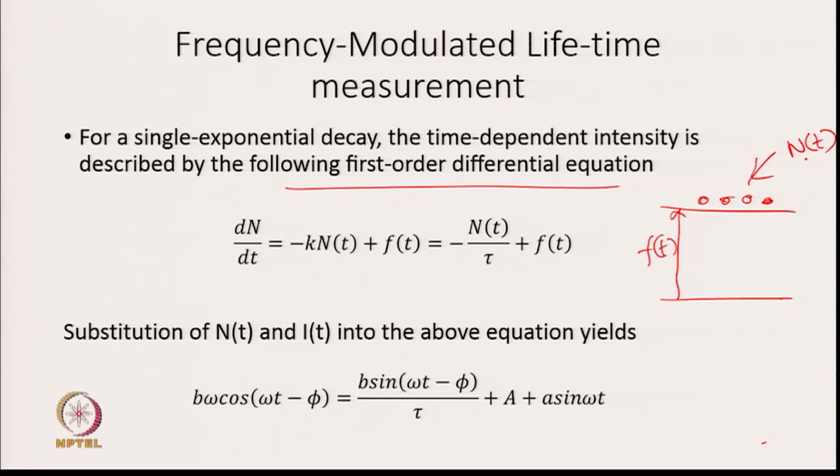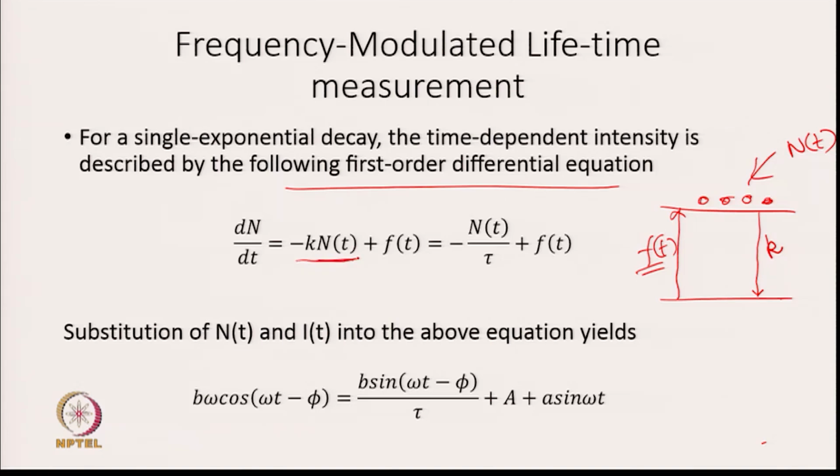So, if I am applying a pulse, F(t) will increase the population of the excited state, and the population will decrease because of your fluorescence. The decrease in the population of the excited state is proportional to the number of fluorophore in the excited state, and so you have minus K into N(t).